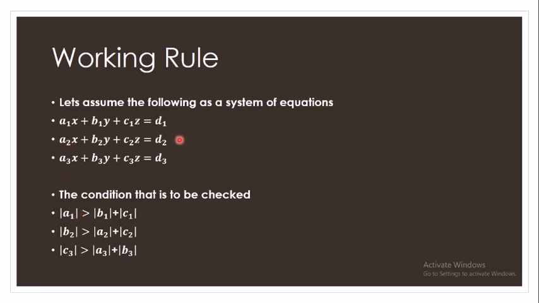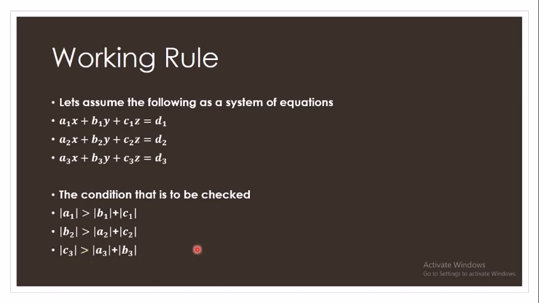When I come to the second equation, the condition is that modulus b2, the coefficient of y, should be greater than the sum of a2 plus c2. And for the third equation, c3, the coefficient of z, should be greater than a3 plus b3.